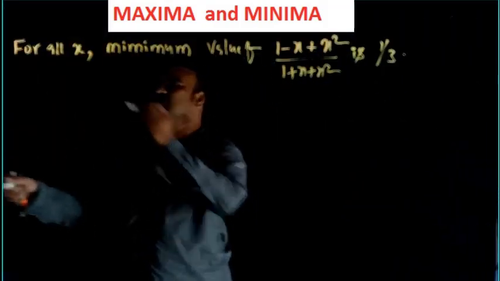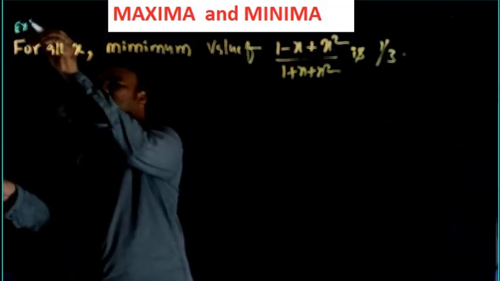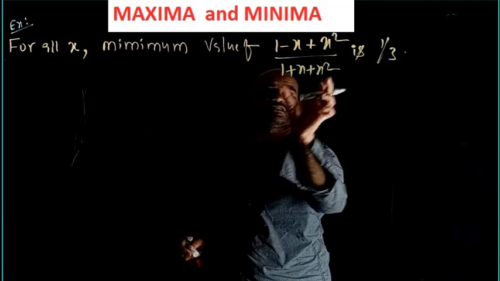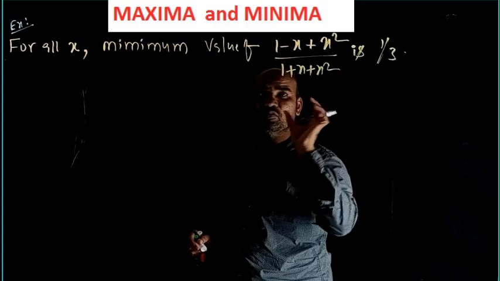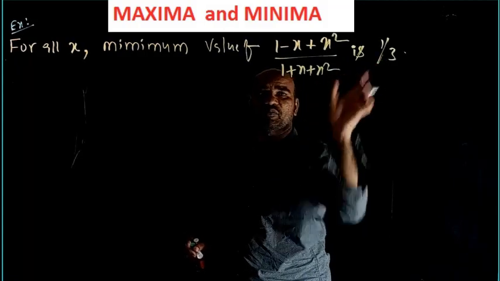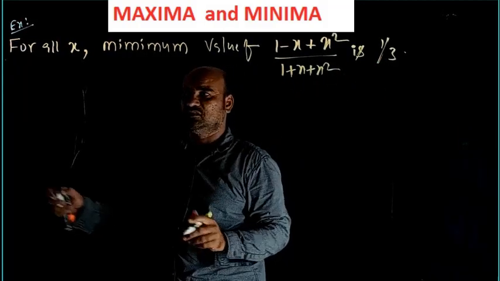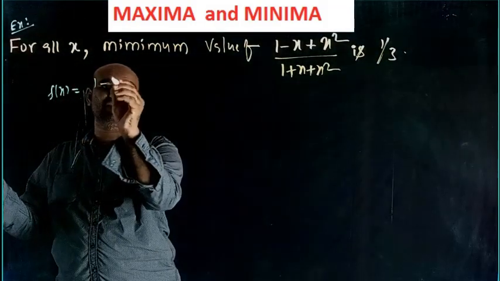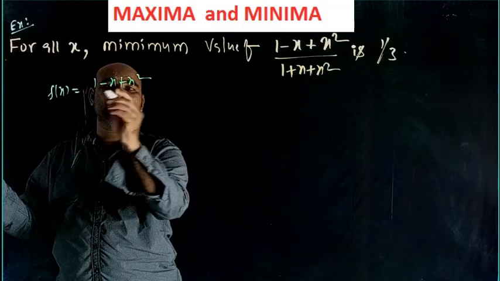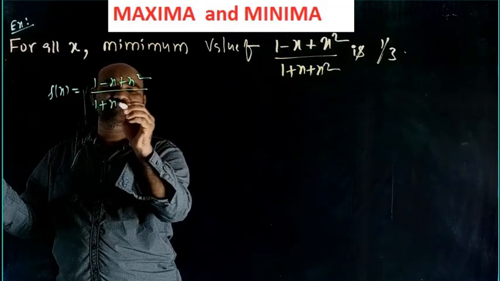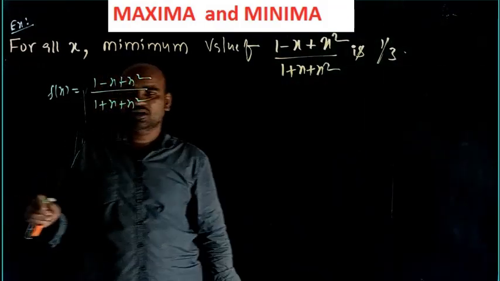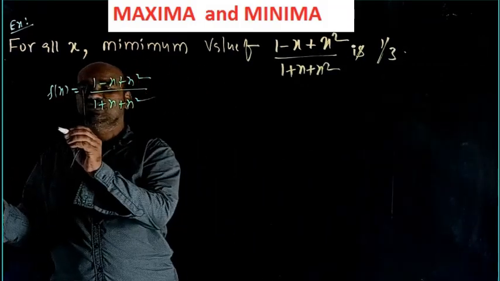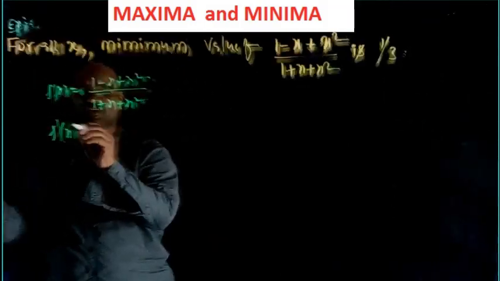Okay students, another example problem. For all x, the minimum value of this expression is 1 by 3. We want to prove that the minimum value of this expression is 1 by 3 for all x. Observe here. Let f of x be equal to 1 minus x plus x square by 1 plus x plus x square. I want to find its minima or maxima. What you need to do? First of all, you want to find its derivative.